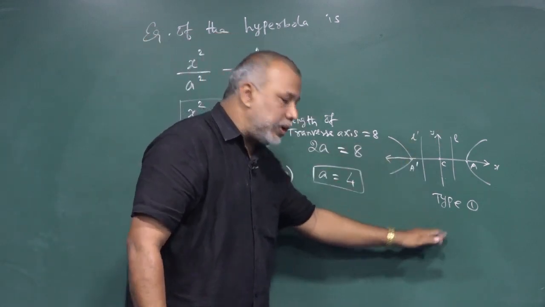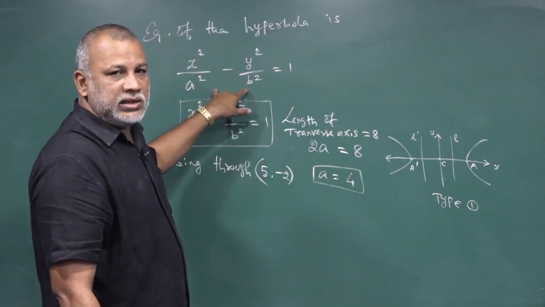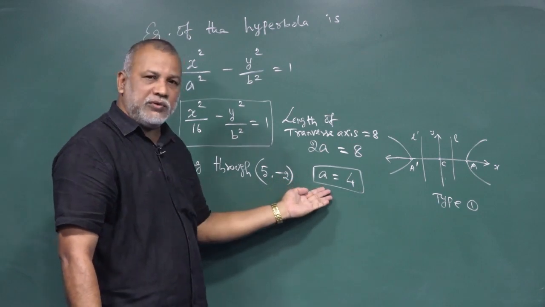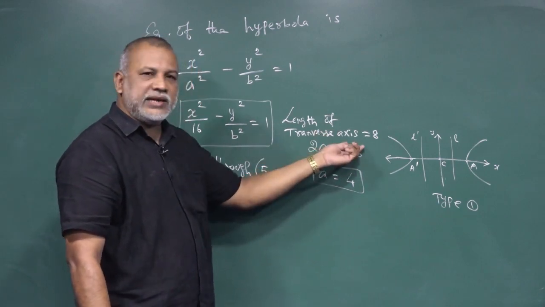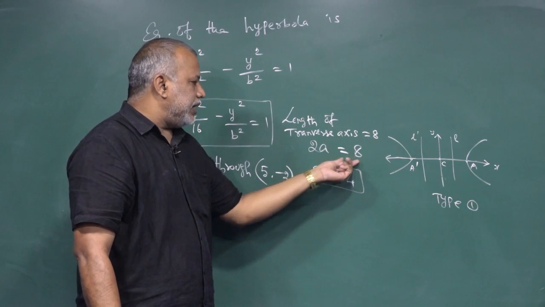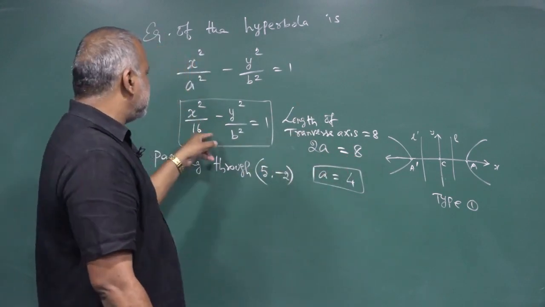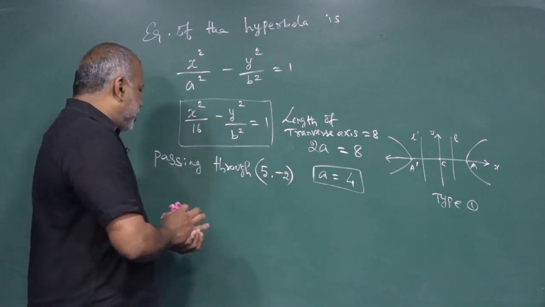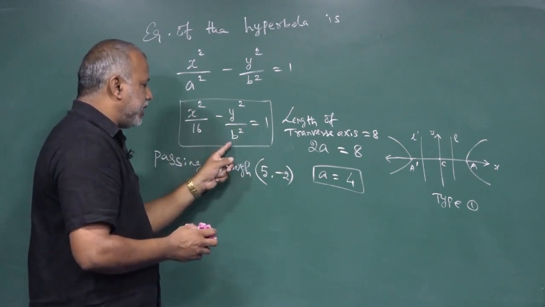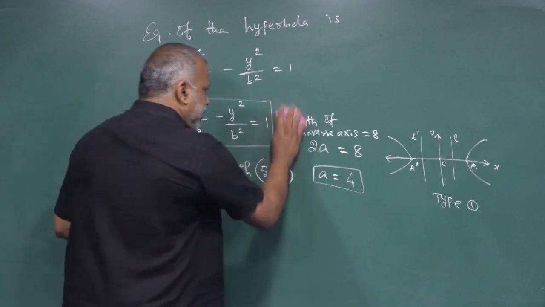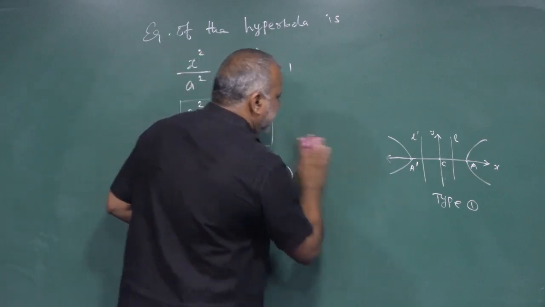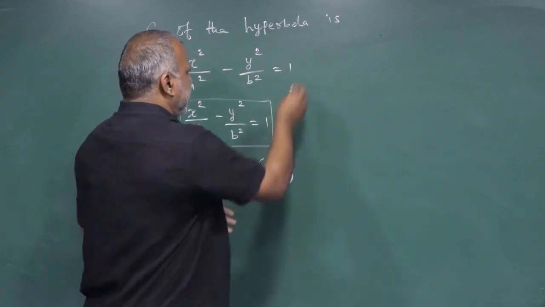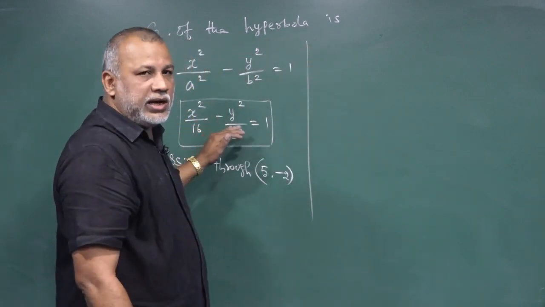It belongs to type number 1. So therefore we are taking this equation. In this equation we already worked out the value of a. The reason is length of the transverse axis is 8. 2a equal to 8, from that a equal to 4. Just substitute here x squared by a squared, that means 16. y squared by b squared equal to 1. So now we need to find b squared. This equation passing through, in your question itself, they are giving the data. So this equation passing through the point 5 comma minus 2. This equation means here hyperbola.